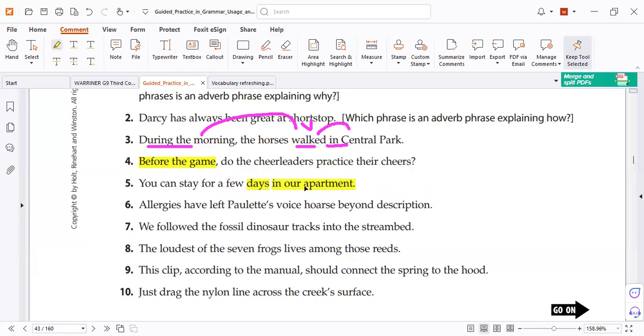This is an adjective phrase. But this one, for a few days, describes the state, to what extent. For a few days modifies stay, and the other phrase modifies the noun. If you change it, you change the meaning. You will say that for a few days for the apartment.